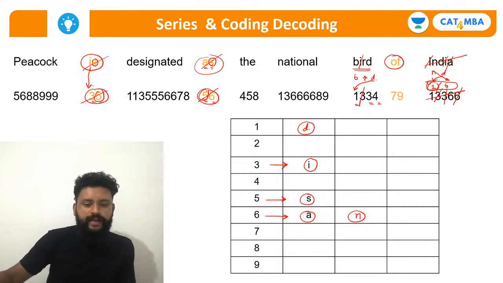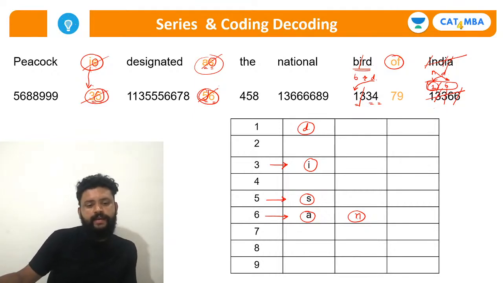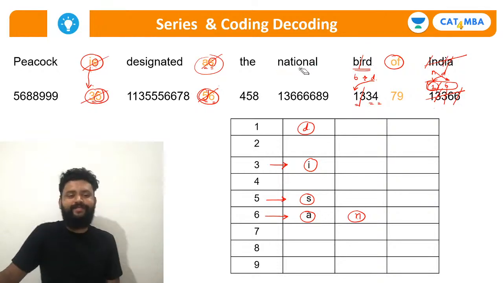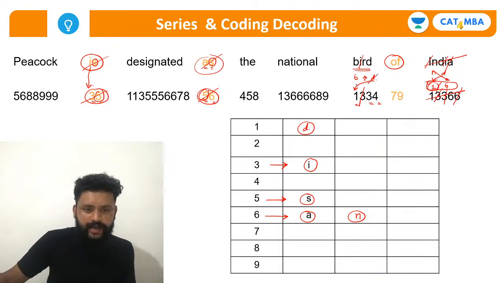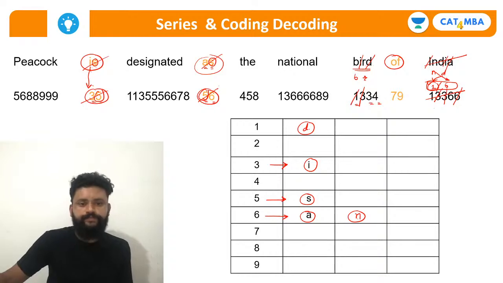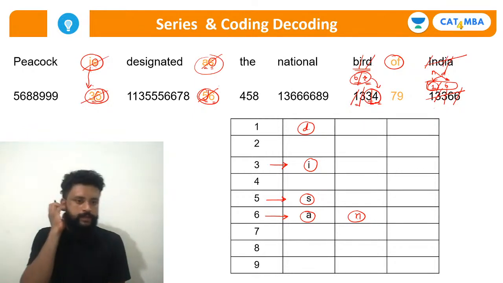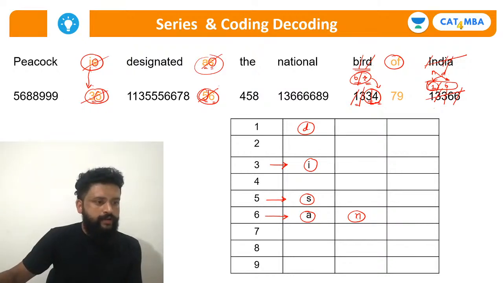Now if we know N, A, I, the best word to pick is national. So D is 1. I'll just cut D for 1, and we are left with B and R as 3 and 4.